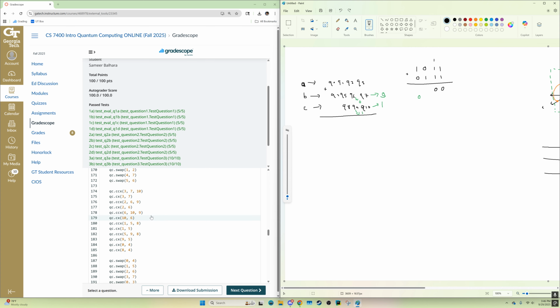So this call 6, 10, 9 does not flip Q9 at all. And the CX of 10 and 6 checks that if 10 has a carry left over, then it's going to flip 6. So now this is going to become a 1. So our sum bit is updated correctly as a 1.